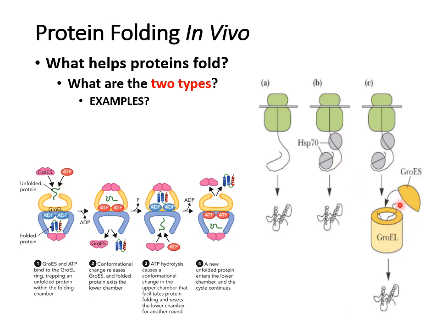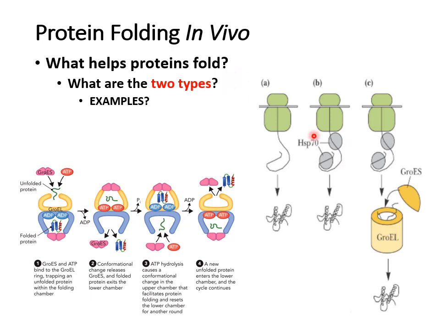The chamber type, like the GroEL and GroES protein complex, is for when a protein has become denatured, unfolded within the cell. If it goes into one of these chambers, it gives it a place to refold properly without having all the other stuff in that cell trying to interact with it, trying to bind to it, trying to force it to fold a certain way.